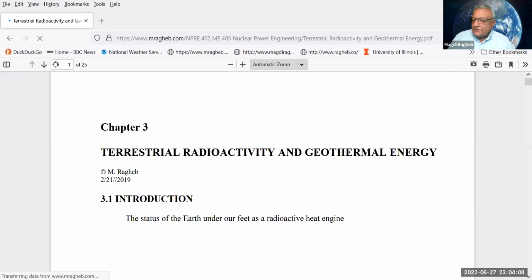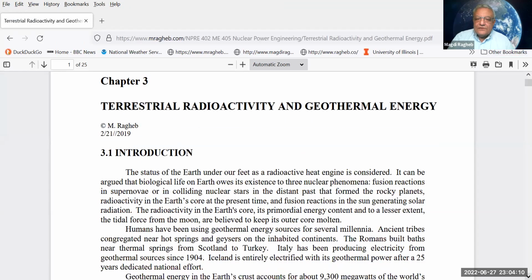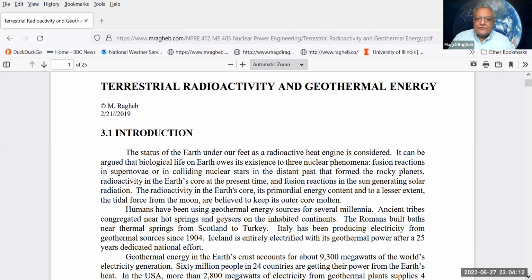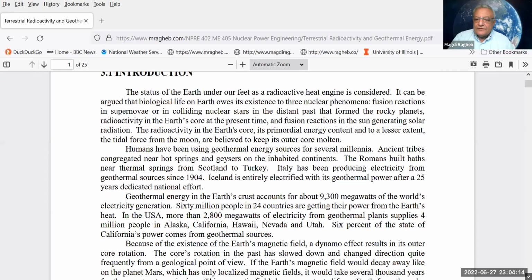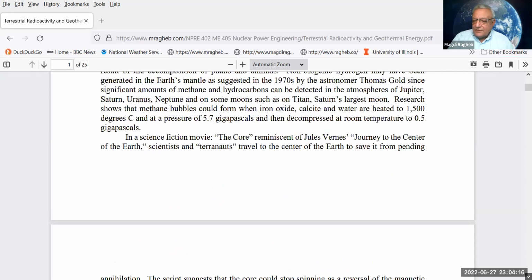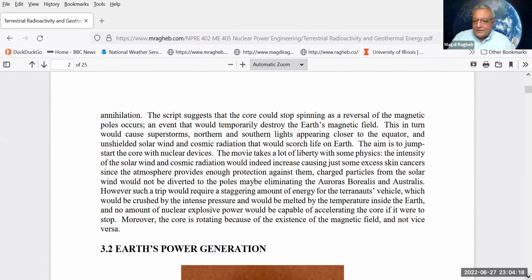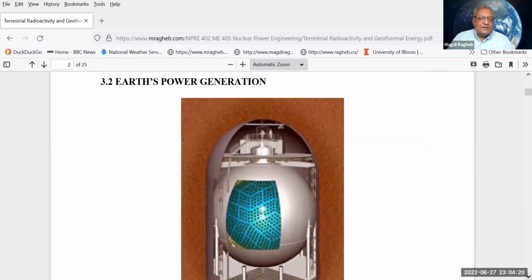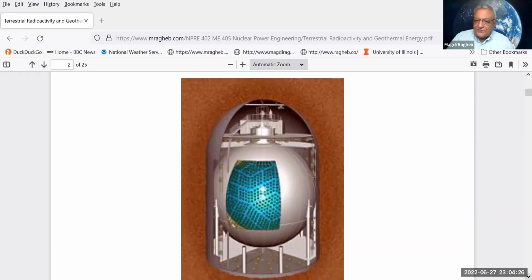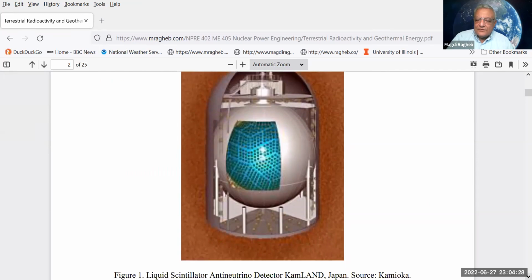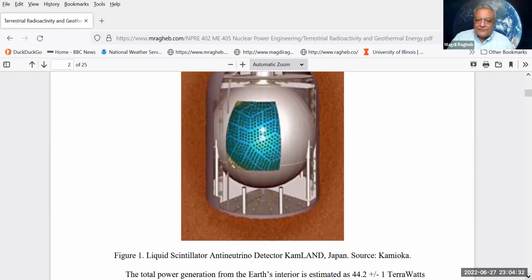And at the same time, it is the cause of the Earth's dynamo, the generation of the Earth's magnetic field. So we consider the Earth as a radioactive heat engine. And in fact, it is interesting to know that the Earth is a power generator from the perspective of radioactivity.